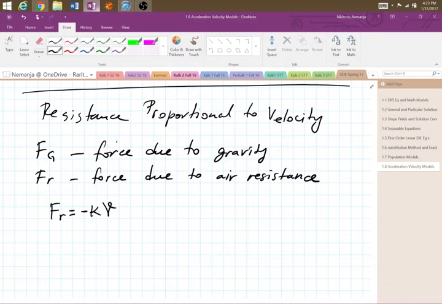Why is it negative? Because resistance is opposing, right? And we also know that the force due to gravity is mg for the object that is falling, which is the mass times the gravity. And that's negative because negative g pulls down. So both of these have negative signs. Therefore, the overall force is what we get when we add these two.